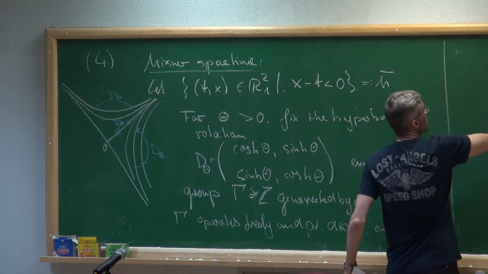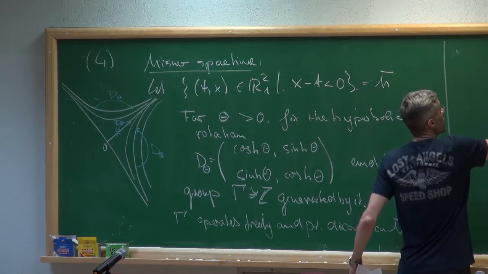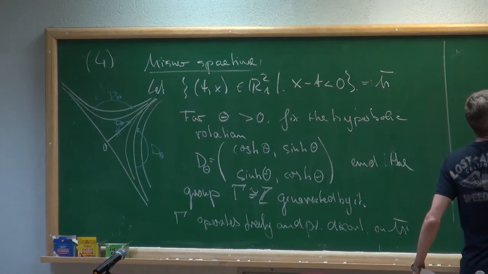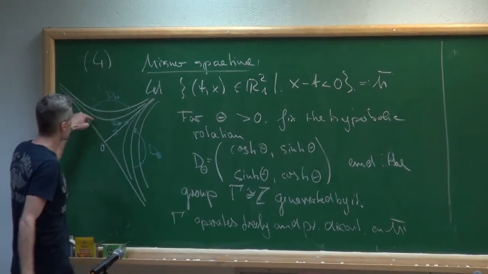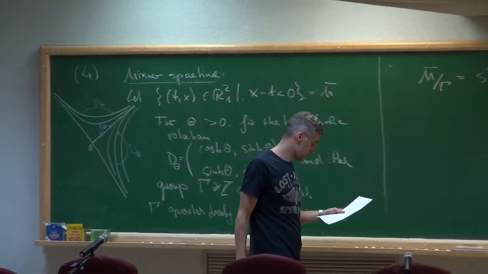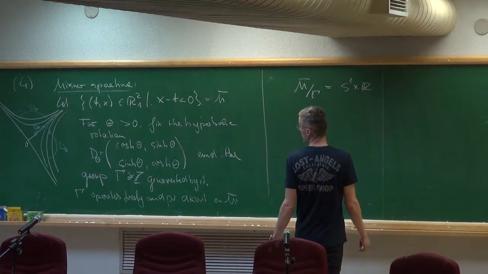The quotient of m bar by gamma is nothing but a cylinder, so it's S1 times R. These curves here are all closed, these hyperbolic pieces plus this piece of this light cone thing.